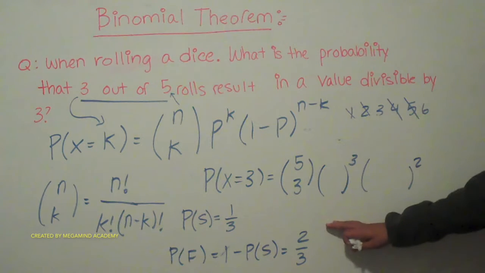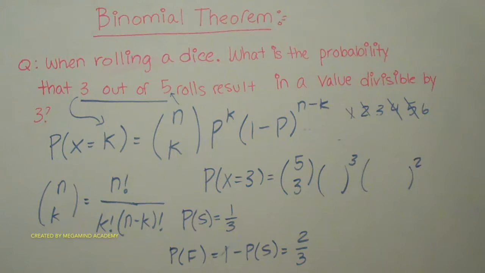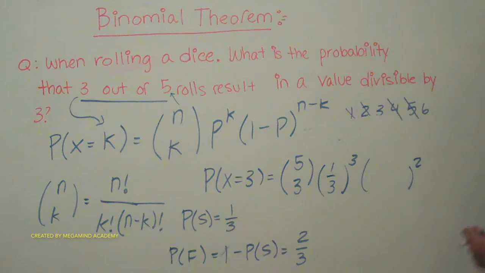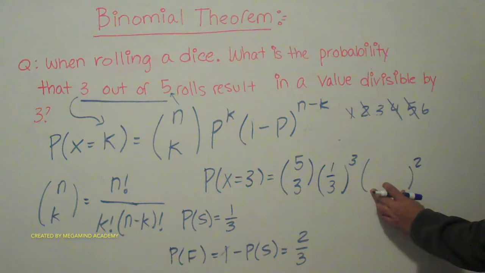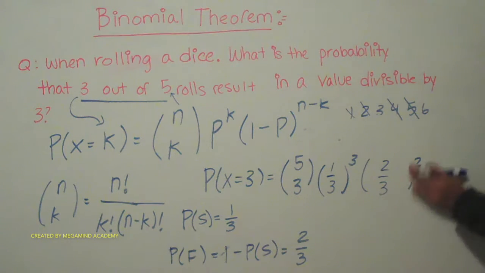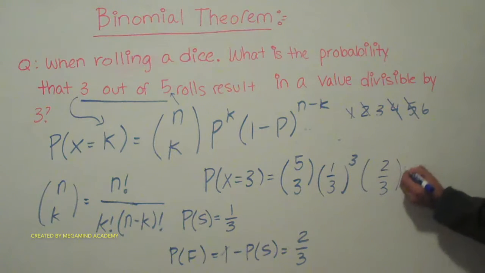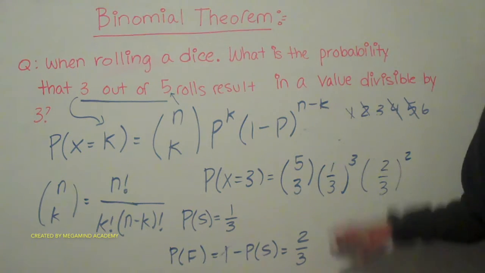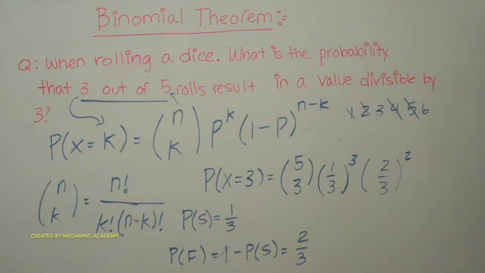Take a moment to copy this down in your notes because it'll soon be erased. The probability of a success is 1/3, and the probability of a failure, which goes here, is 2/3, so 2/3 squared. Take a moment to copy all this down because we're running out of space.